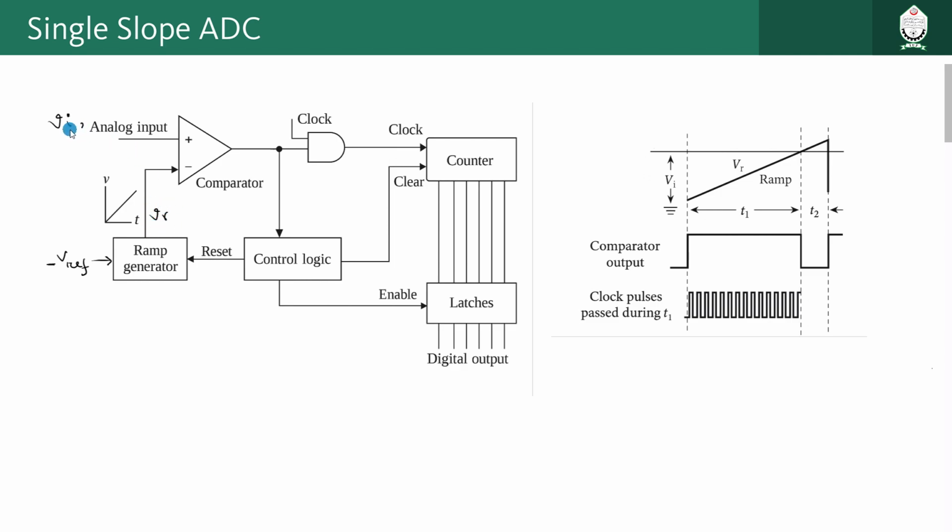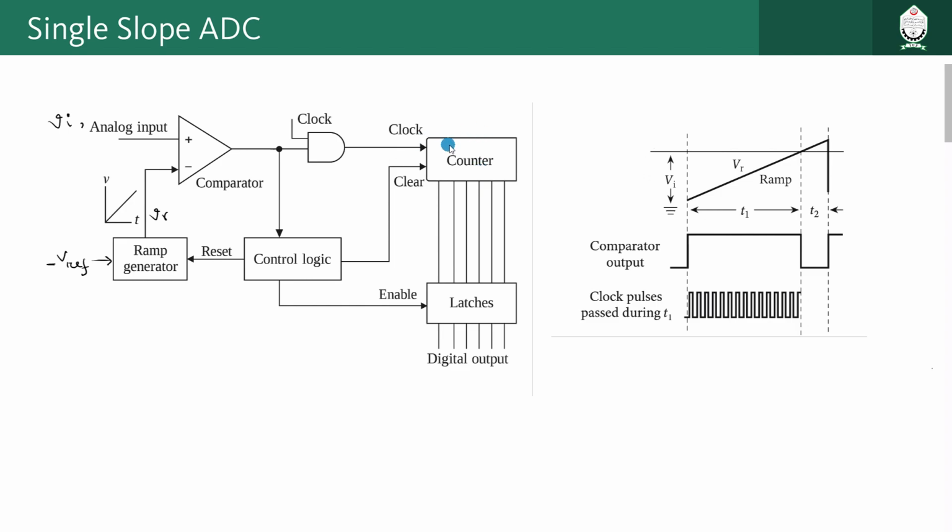So obviously this positive pin is getting a higher voltage compared to the negative one. As a result, at the output of this comparator we are going to get a high signal, logic high, and that will come to this AND gate. Because if this is high, whatever clock pulse is arriving here will go out of the output of the AND gate, right? So it will pass through this gate and reach this counter.